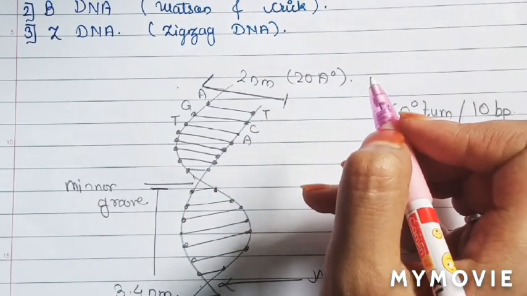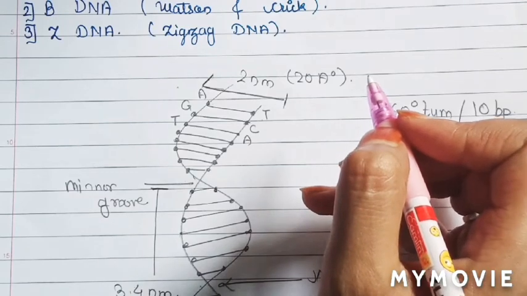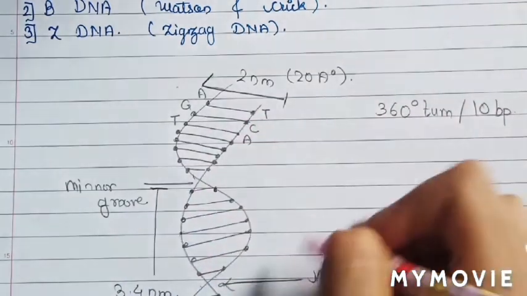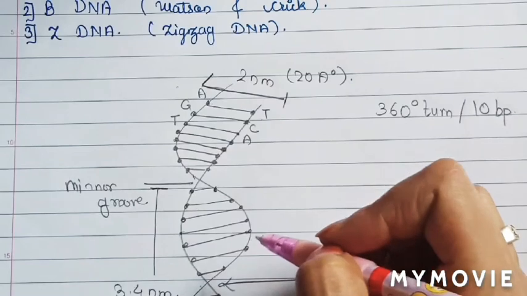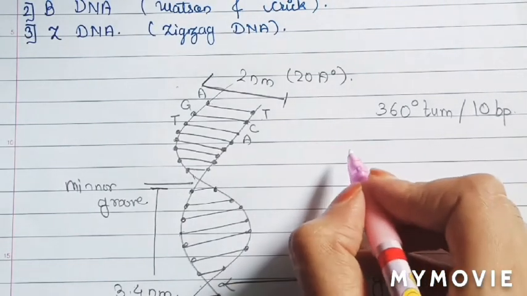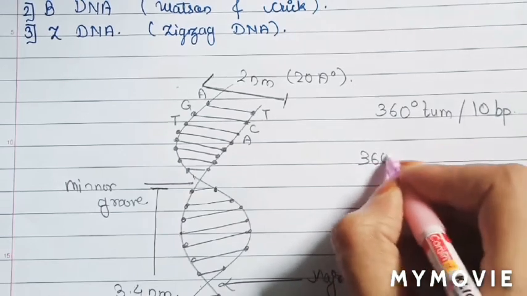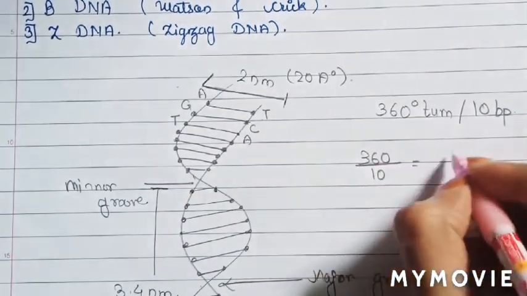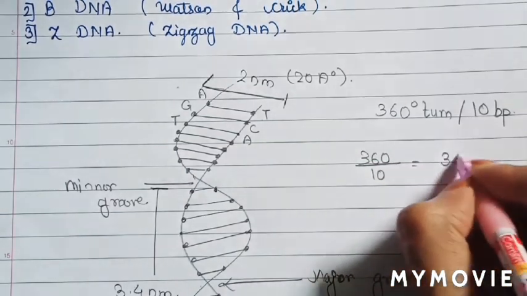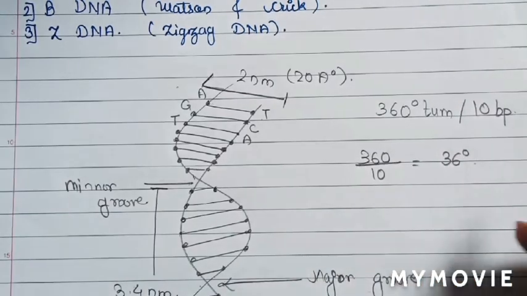Now one base pair. One turn completes 10 base pairs. It means that we can write here 360 divided by 10, so one base pair is equal to 36 degrees.